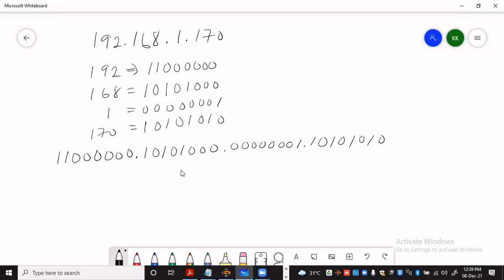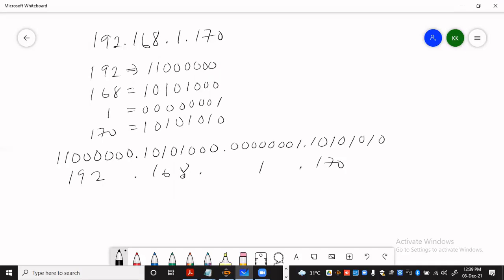1010. So this is 192.168.1.170. Make sure now, if you count the number of bits, you realize it's all 32 bits.